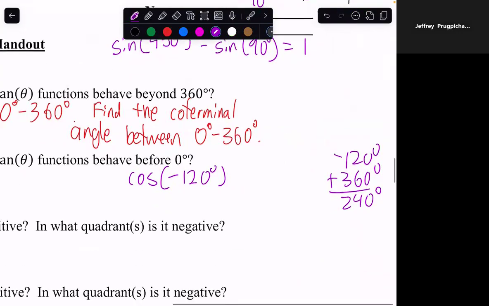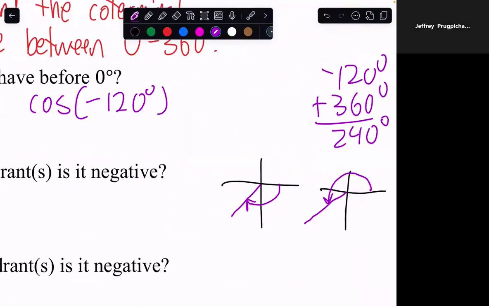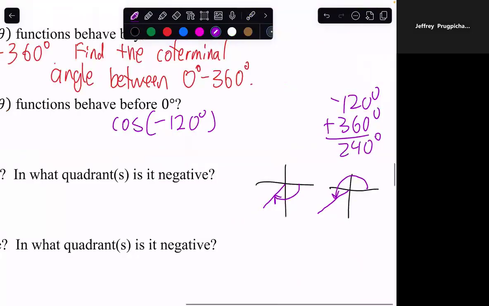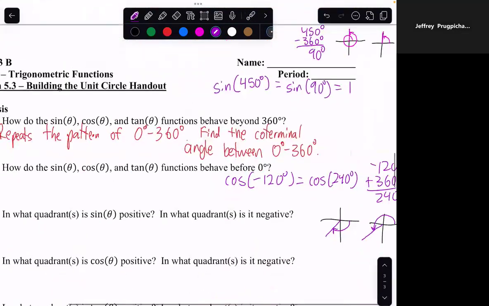Sketch-wise, negative 120 degrees would be like this, while positive 240 degrees would look like this. They're not the same angle, but they're coterminal, which means they end up in the same place. So cosine of negative 120 degrees is the same thing as the cosine of positive 240 degrees. What's the cosine of 240 degrees? -1/2.